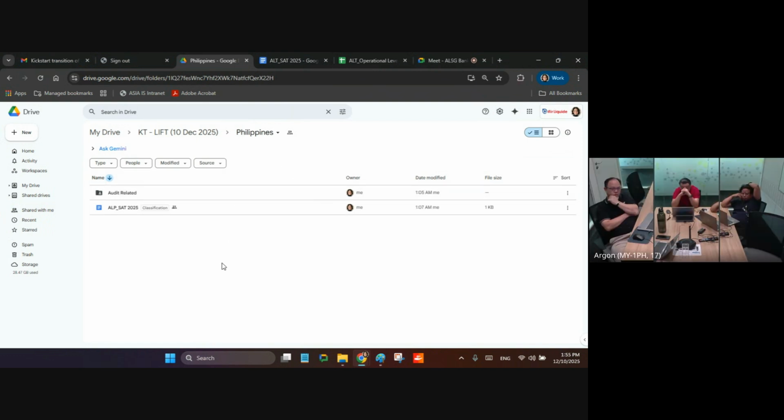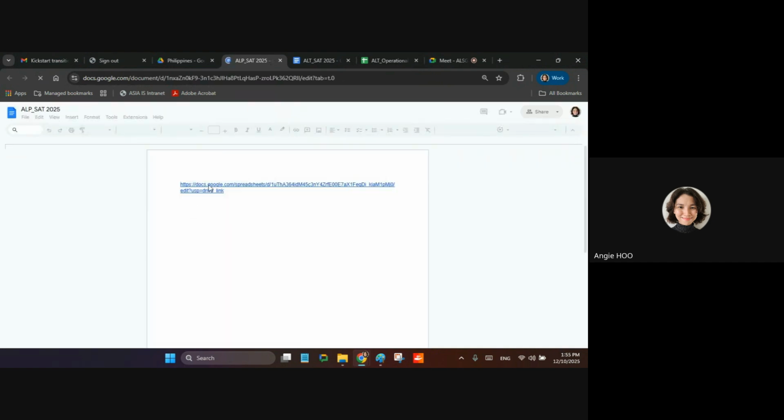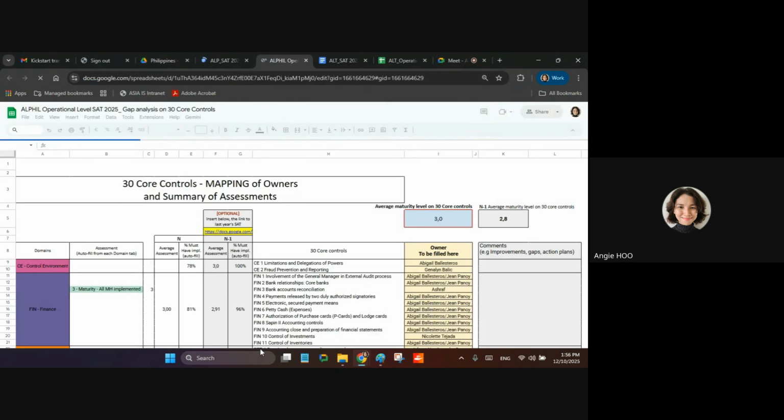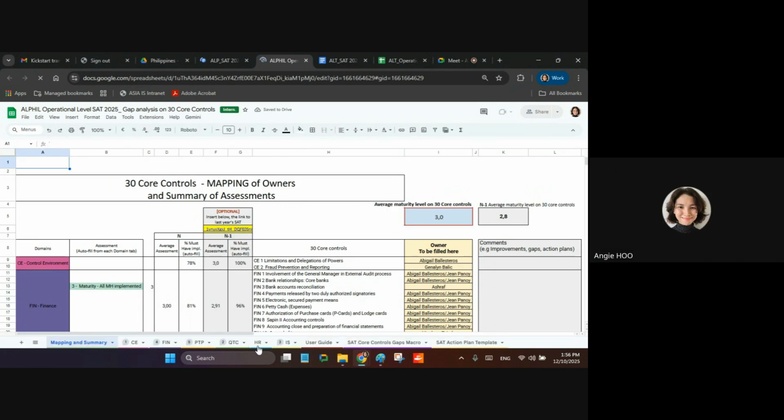Okay. So for Philippines, let me go to this SAT. Also, we have filled in the similar. I think I will not spend much time because it's the same format, right? For this one, for Philippines, we provide the input here.